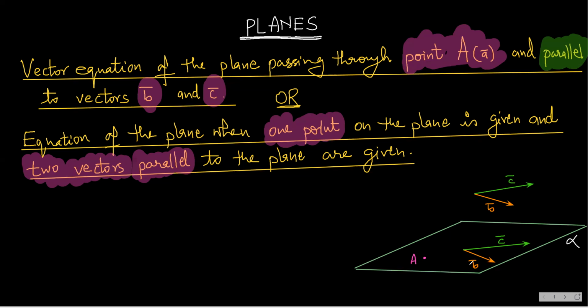So this plane is the floor, and these two vectors are floating in air, but they are parallel. You think of holding two sticks in your hand which are parallel to the floor.